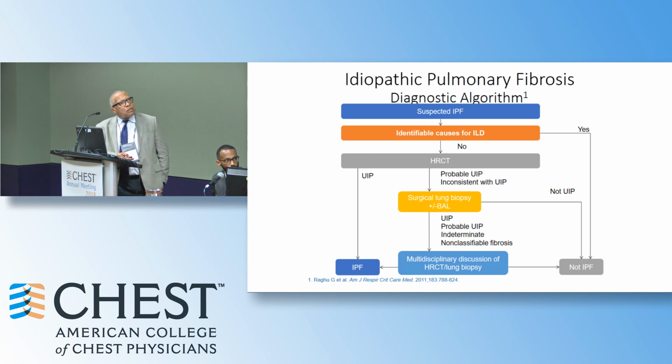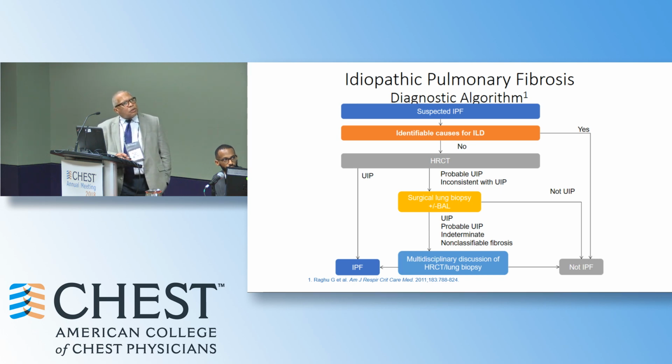And then an HRCT scan is performed, and if the pattern is UIP, classic UIP with the four abnormalities we described earlier, then I think we can comfortably establish a diagnosis of IPF, and we're all very comfortable with that notion. However, if it's probable UIP or thought to be inconsistent with UIP, there is a role for surgical lung biopsy. And of course, we have to weigh that against the surgical risks, et cetera.